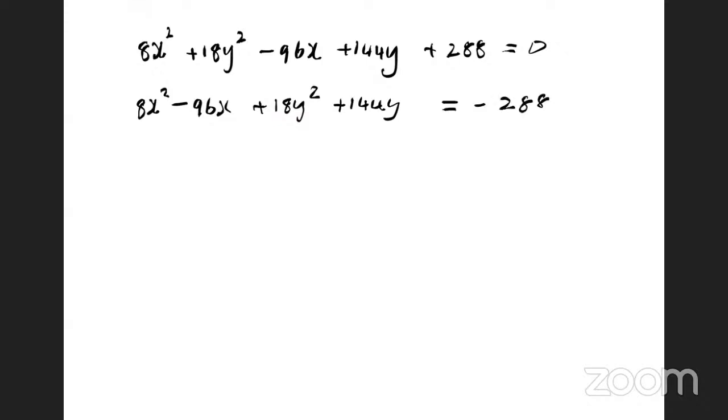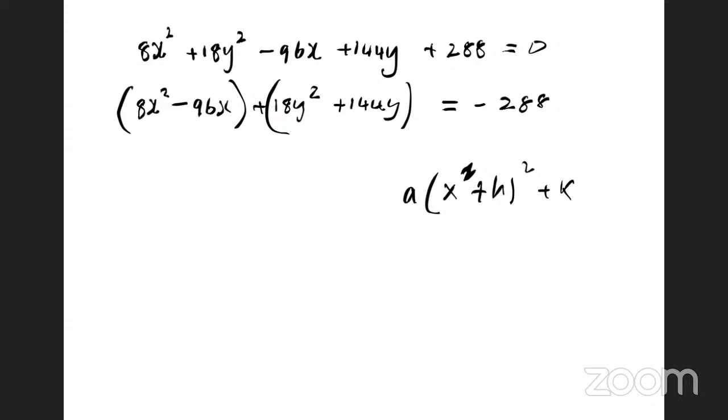Here we're going to complete the square for each one. We're going to put each one in the form a times x minus h squared plus k.